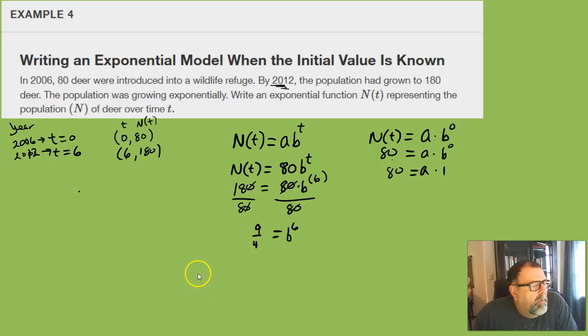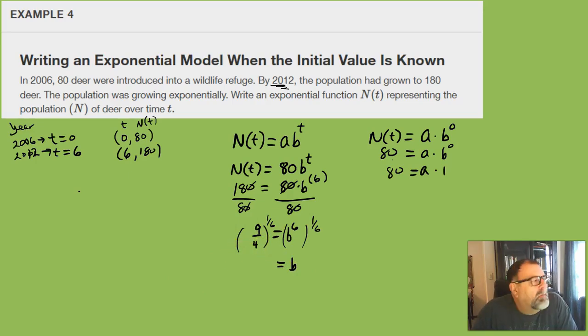Now, we want to isolate b using properties of exponents. So if we raise both sides to the 1/6 power, 6 times 1/6 is b to the 1st, and then you just punch this in your calculator.